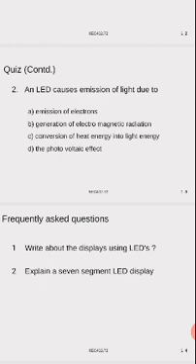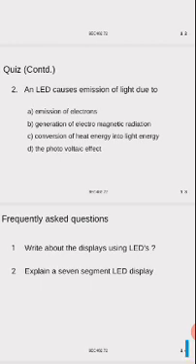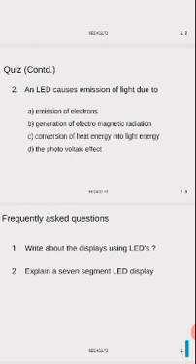When it is operated under forward bias condition, electrons get activated, and the newly created electrons jump from a higher energy level to a lower energy level orbit.